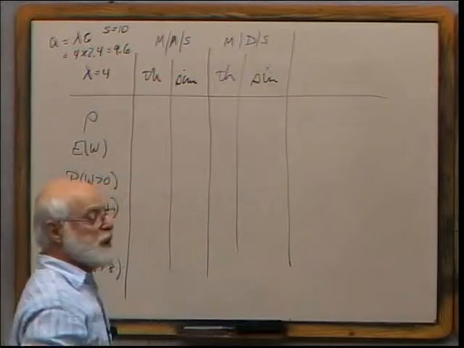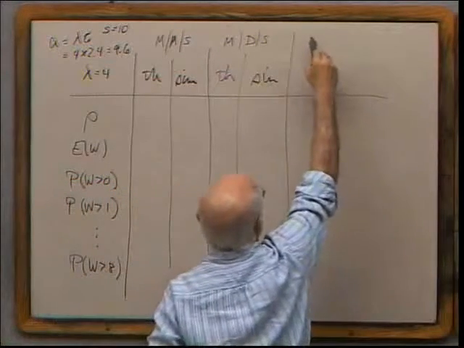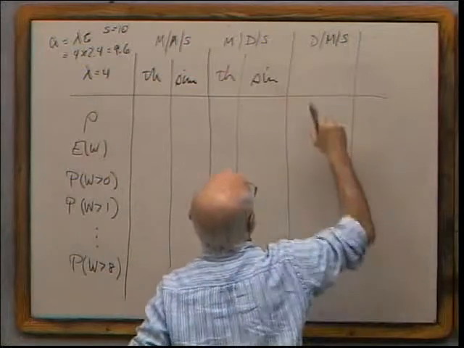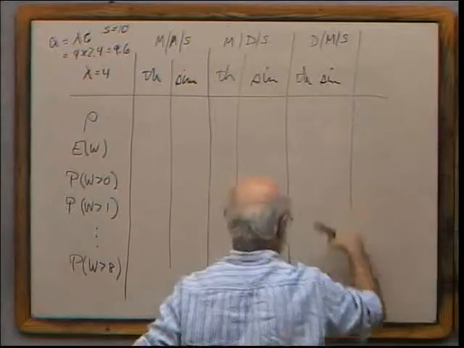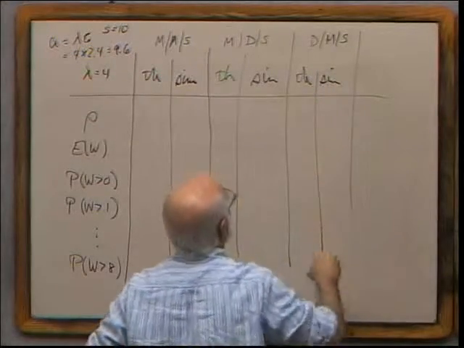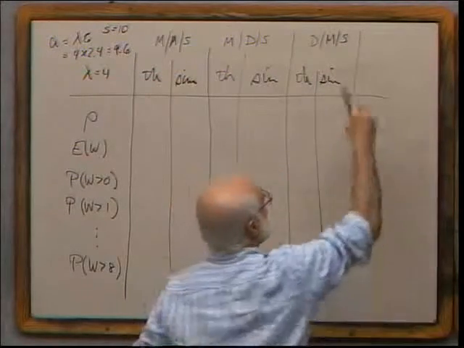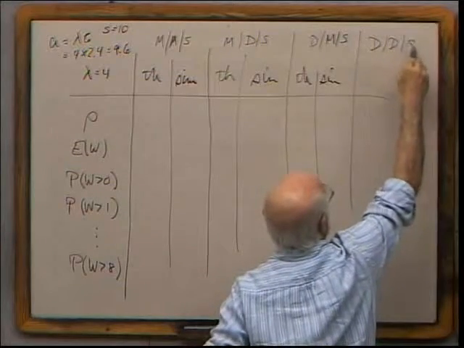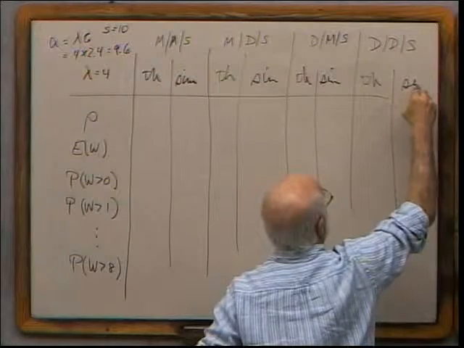Then the model where you have constant interarrival times and exponential service times, that would be DMS, theory, simulation. And then there's the case of constant. So if you were using the standard terminology, that would be DDS, no randomness. Theory, simulation.